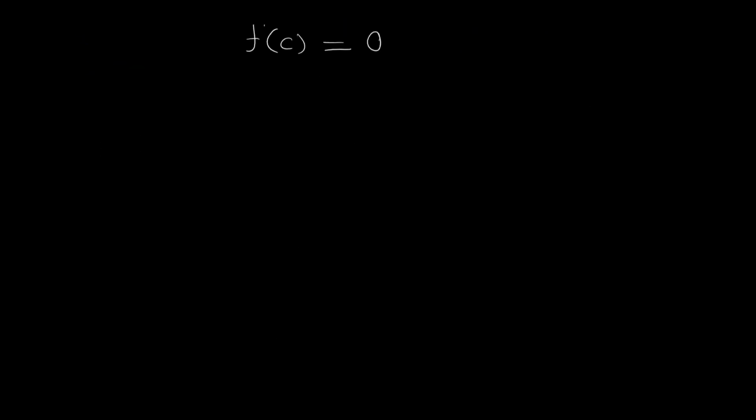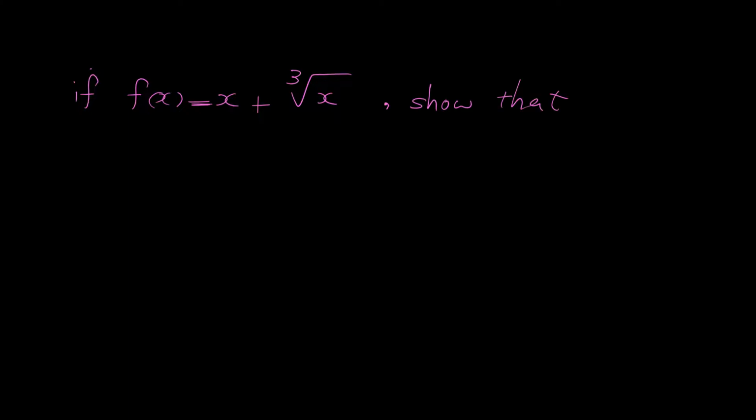Let me show you another example of using IVT to answer questions. The question is this: if f of x equals x plus cube root of x, show that there is a number c such that f of c equals 20.